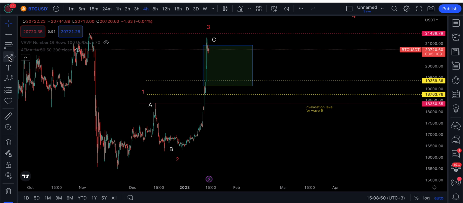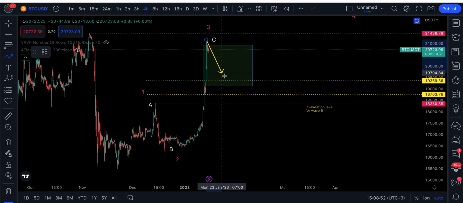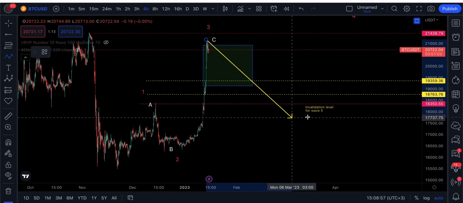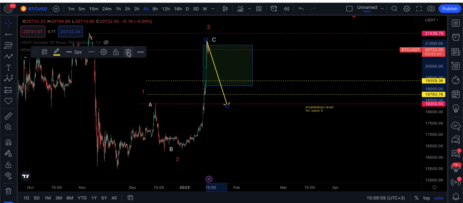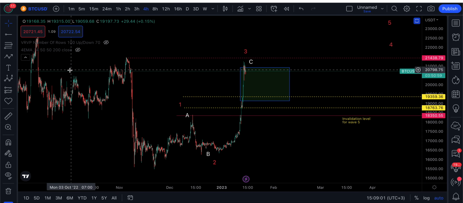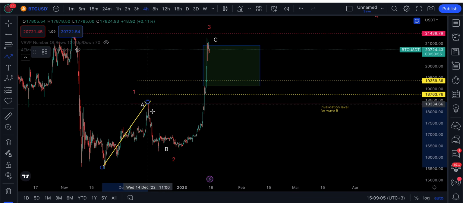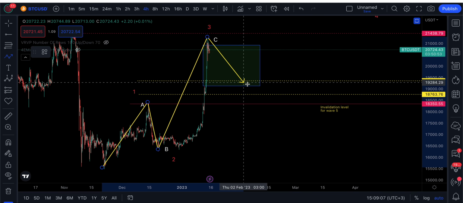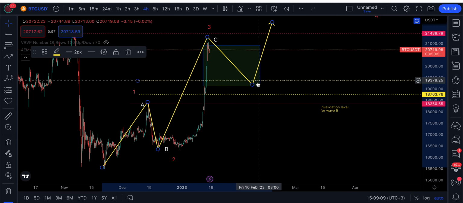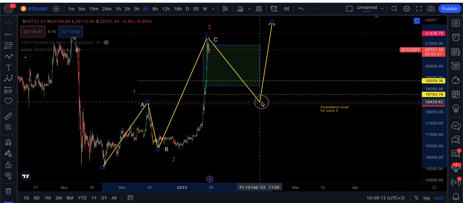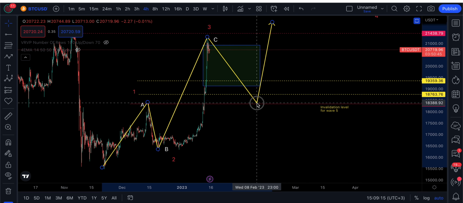What I'm waiting for is price to drop, and I have an invalidation level, which is this level here. Let me remove that. So Elliott wave dictates that wave 1, which is this one, then wave 3, wave 4, and let's say wave 5. Our wave 4 should never get into the territory of wave 1, which is the line marked red.